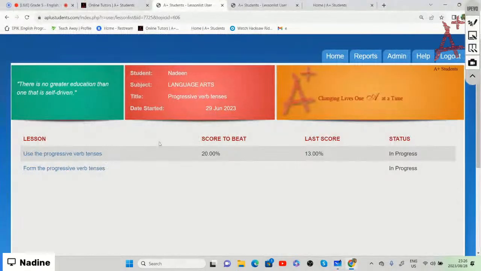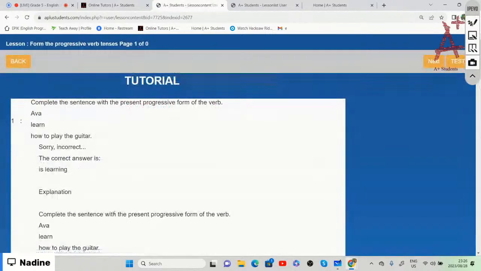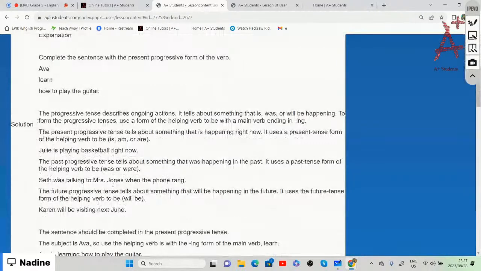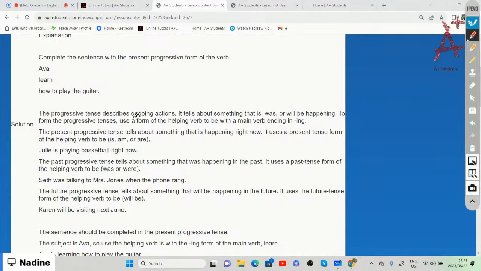All right, so we have used the progressive verb tenses. So now we are going to form the progressive verb tenses. We say that the progressive tense describes ongoing action, right? It shows ongoing action. And it tells about something that is, that was, or something that will be happening.